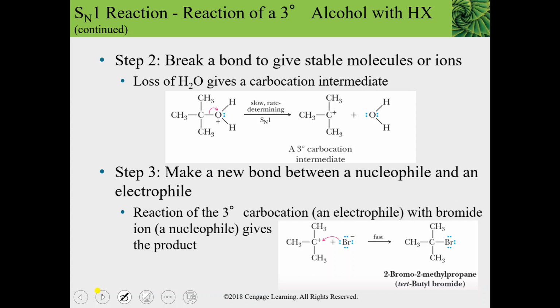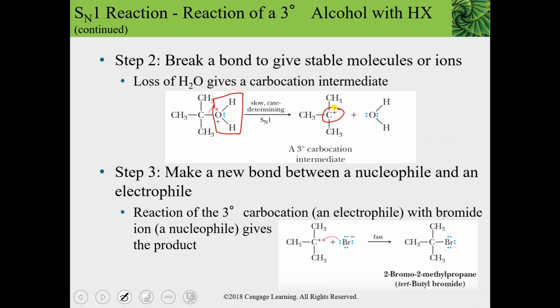The second thing that's going to happen is there's going to be a bond breakage or cleavage of this right here. Remember, we need to form that carbocation. This is how the carbocation is formed. Once that oxonium comes off, now we're left with the carbocation.